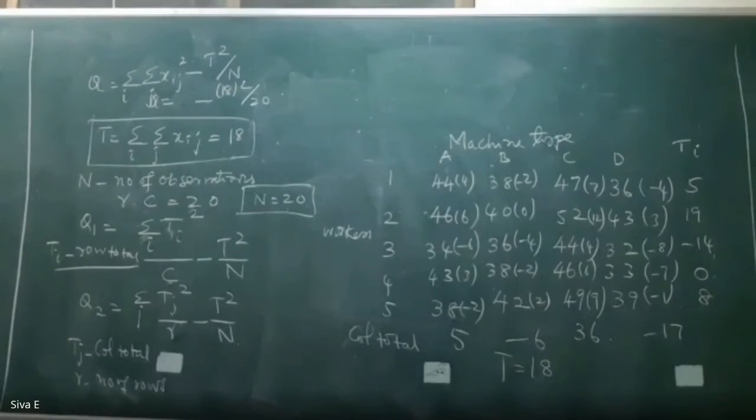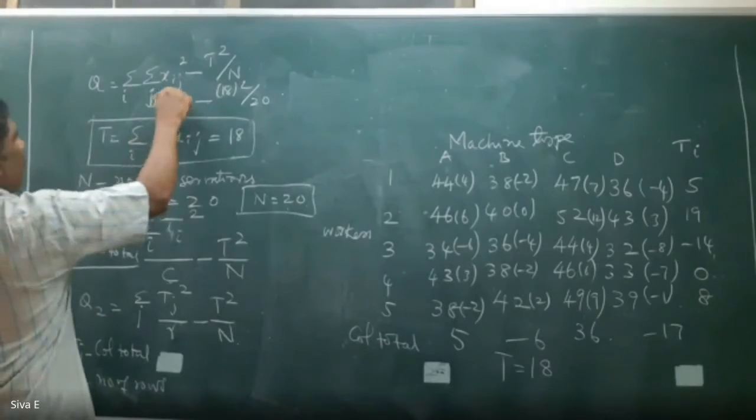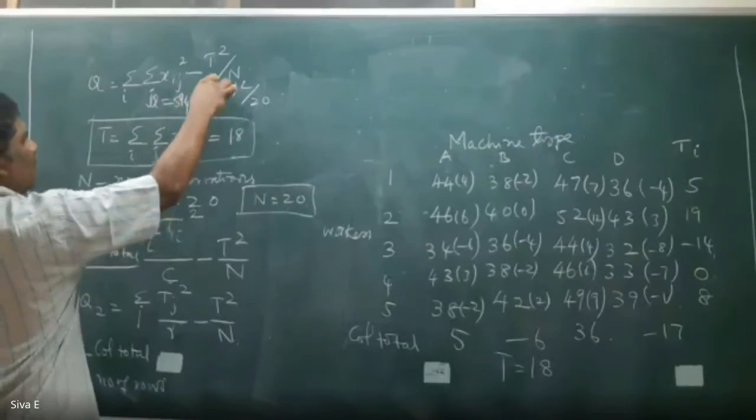What you get? 594. 594 minus 18 squared by 20.